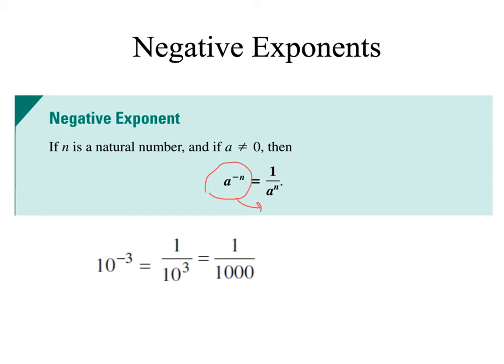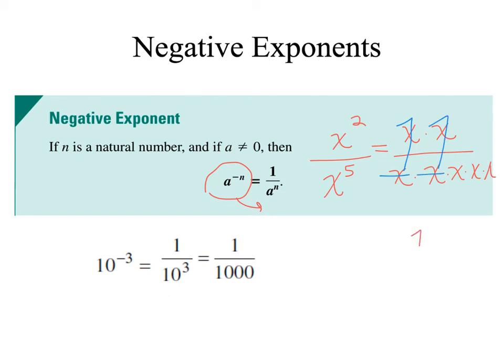So if I have x squared in my numerator, and I have x to the 5th in the denominator, and I go ahead and say, well, that's 2 x's up there, and 5 x's down here, and I use the same idea from the previous slide that each of those is equivalent to 1, what we have is 1 over x to the 3rd power.